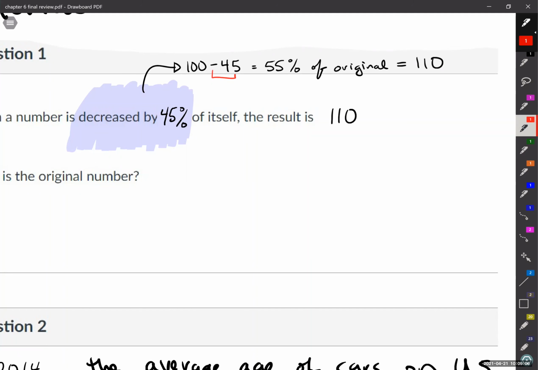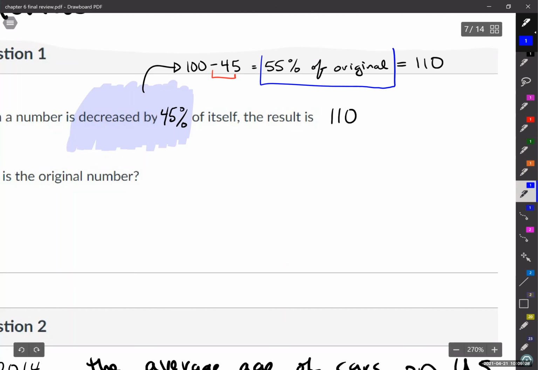Because if you've got a 45% decrease, you're still paying 55% of the sticker price. If I had a 30% decrease, how much of the original would I still have to pay for? 70, right? Good.